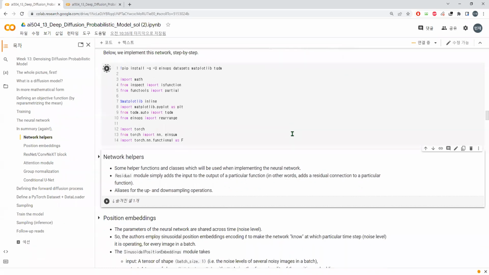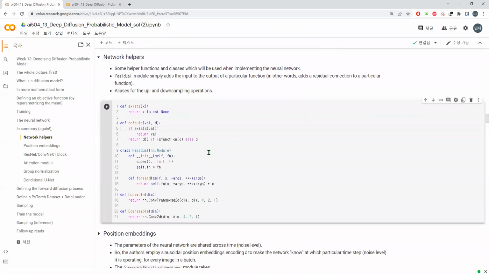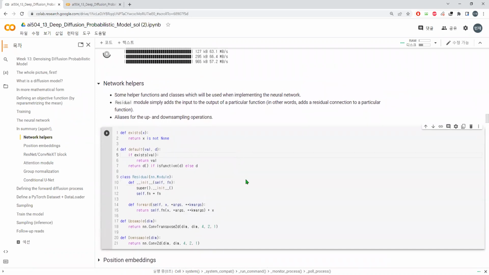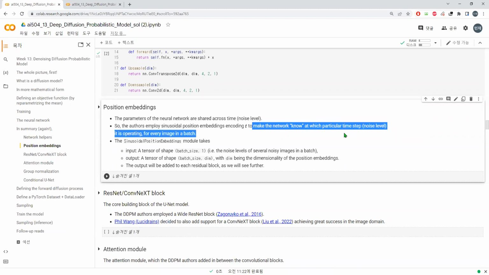The next cell is for network helpers, and these functions or classes are often used by Phil Wang, lucidrains, that's running. And positional embeddings. As I already said, it makes our unit know at which particular time step it is operating for every image in a batch.